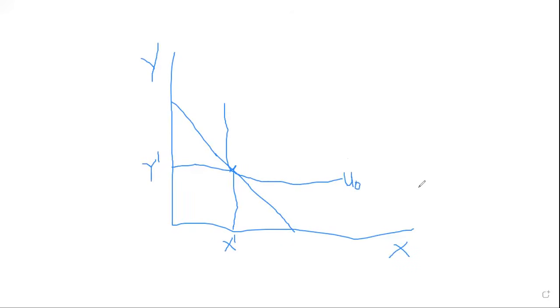So we have X here and then we have Y. We draw our initial budget line and then our initial equilibrium, where the consumer consumes this unit of X and that unit of Y. Right? So this is our indifference curve.